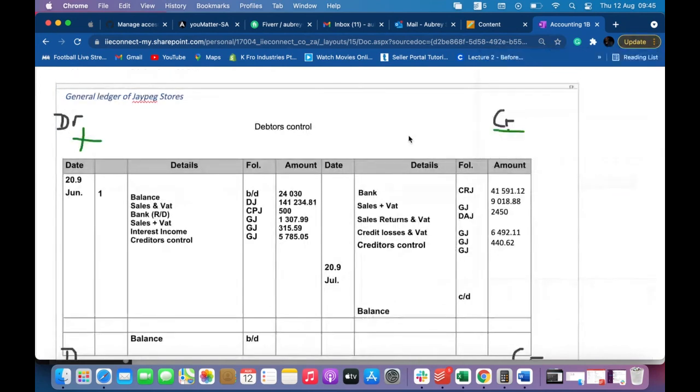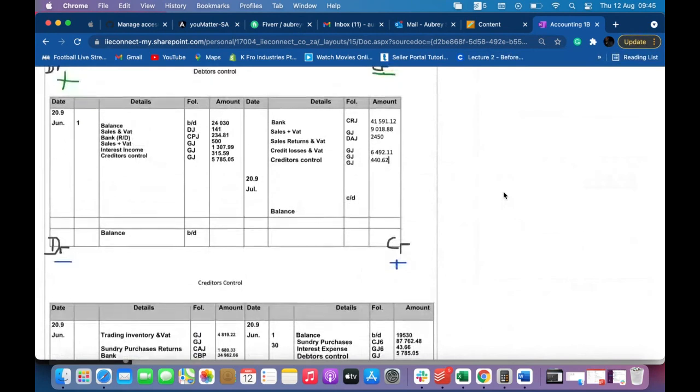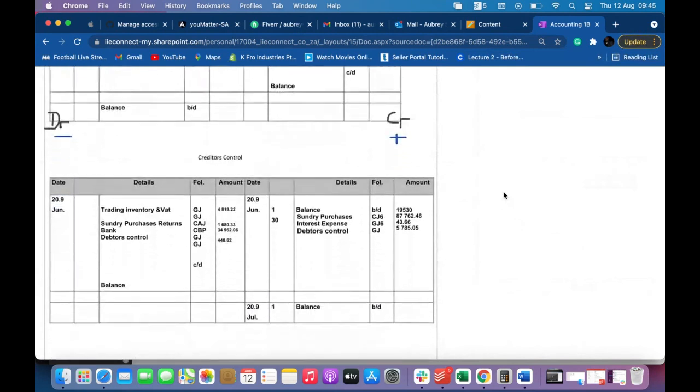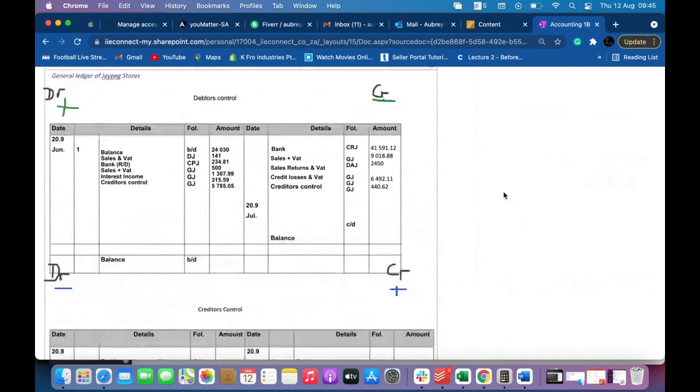Just want to zoom out a bit. The most challenging thing about this exercise is, one, knowing what your respective journals are all about, and knowing how you post from the journals to the ledger. Knowing whether you're supposed to debit or credit an amount, and knowing the contra account, or what to put in the details in relation to that account.